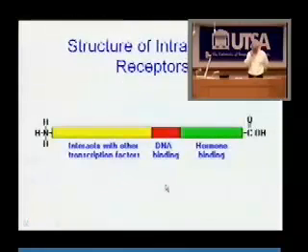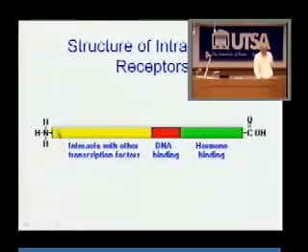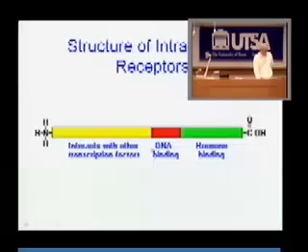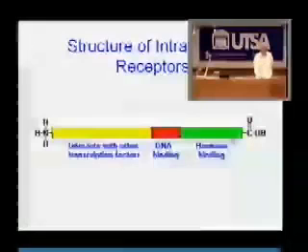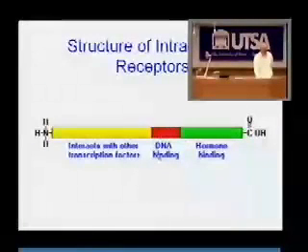So here is a model structure of the intracellular receptors for the steroid hormones. There's a large family of these, which includes those for the thyroid hormone and vitamin D, as well as the steroid hormones. So there's the amino terminal and the carboxy terminal, and 3 domains. There's the hormone binding domain. When it's ligated, it changes conformation and exposes the DNA binding domain.